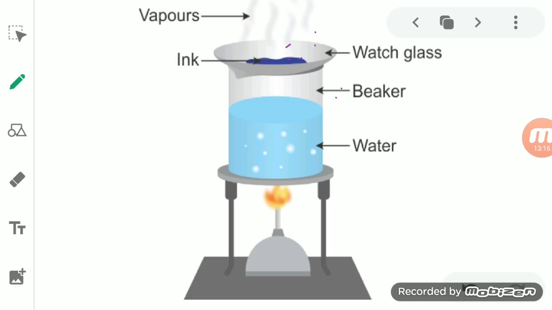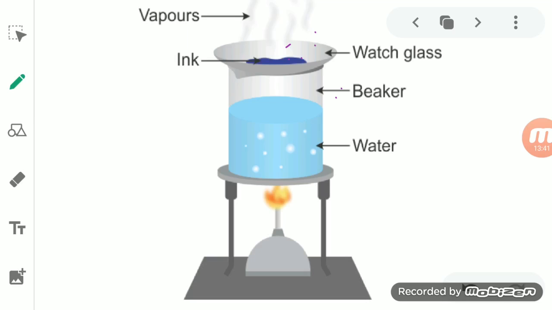It is because when you give direct heat to the ink, or if we keep this watch glass directly on the stand, the heat will come directly to the watch glass or the china dish in which we had taken the ink, and then this ink will get charred.